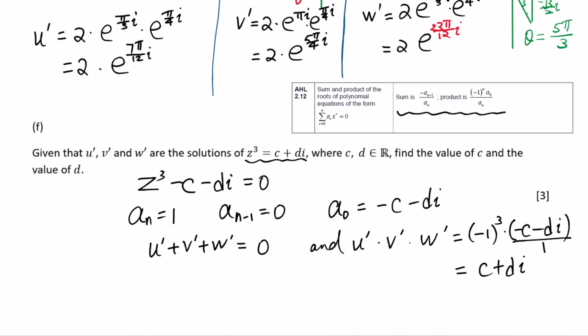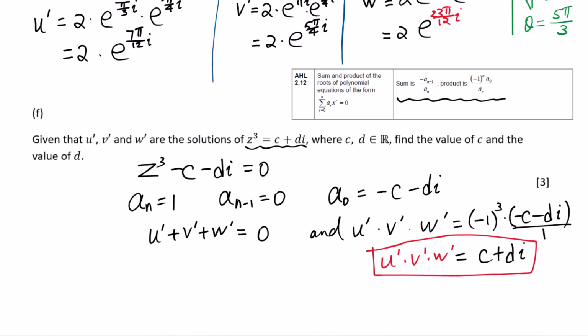Since we are looking for c and d, we have to use this equation. So we get 2 times e to the power of 7 pi over 12 i times 2 times e to the power of 5 pi over 4 i times 2 times e to the power of 23 pi over 12 i equals c plus di.